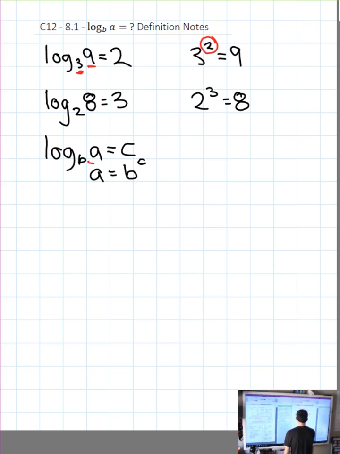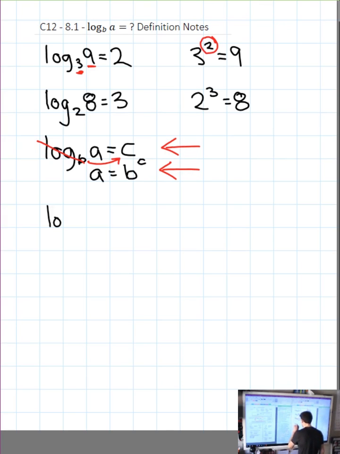Geometrically, b slides across, becomes c's base, and the log goes away. So we have log form and we have exponential form. We're going to be using this rule many times.